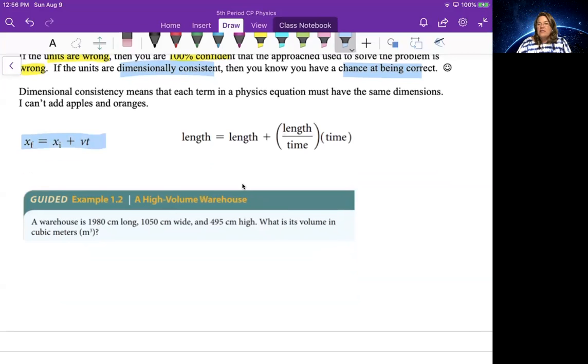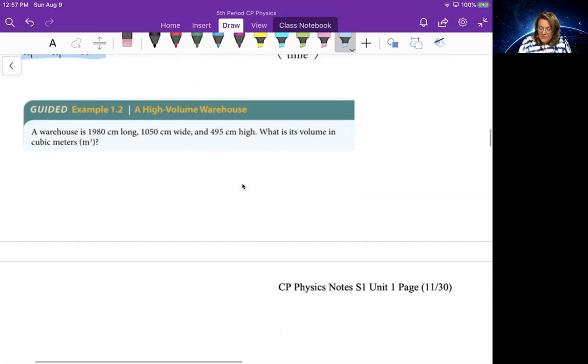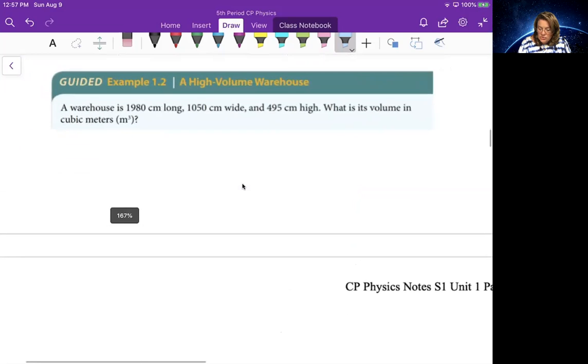You know that x final is a measurement of length. This velocity is meters per second, and the second has to cancel. I can't add meters plus meters over seconds. You just can't. So you have to have what I call dimensional consistency.